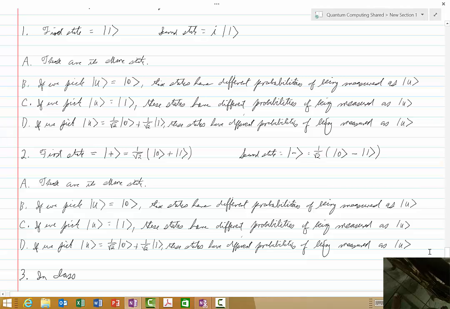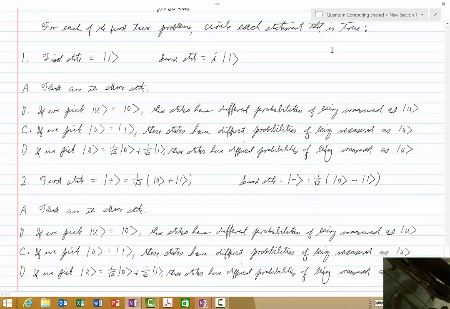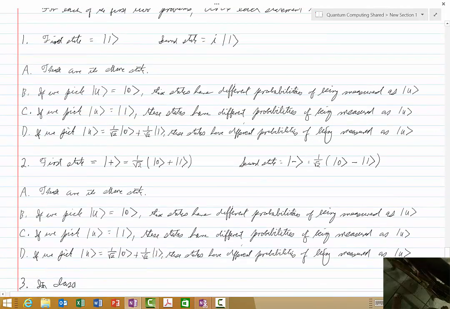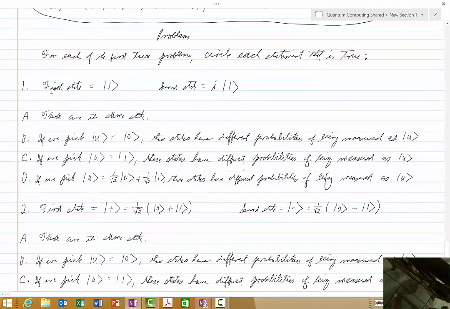So let's now finish by looking at our problems for this lecture. And for each of these first two problems, I simply want you to circle every statement that is true. And then, as usual, the third problem will be done in class.